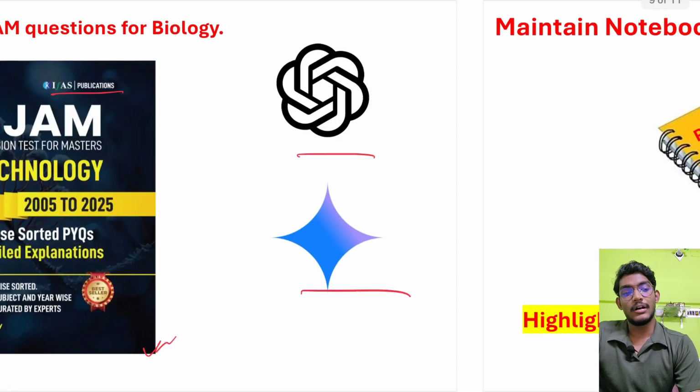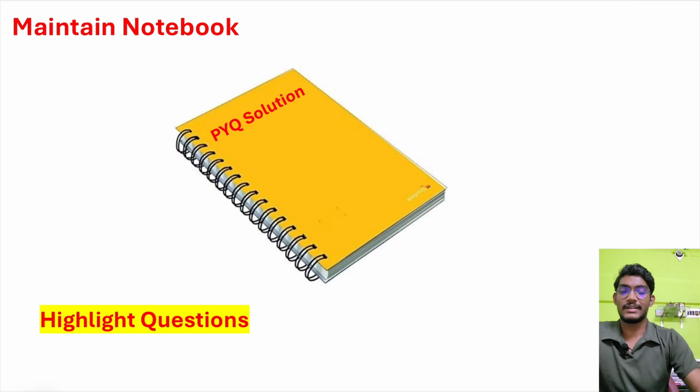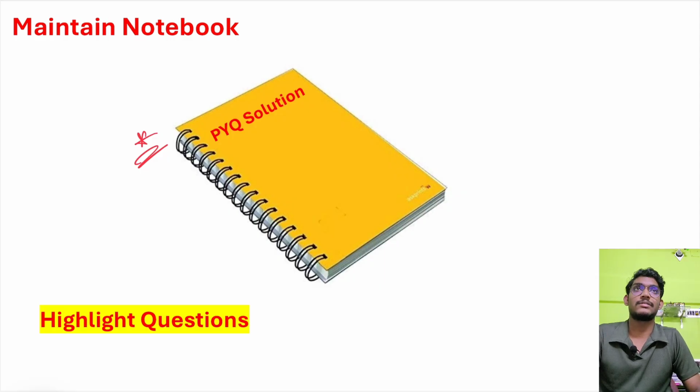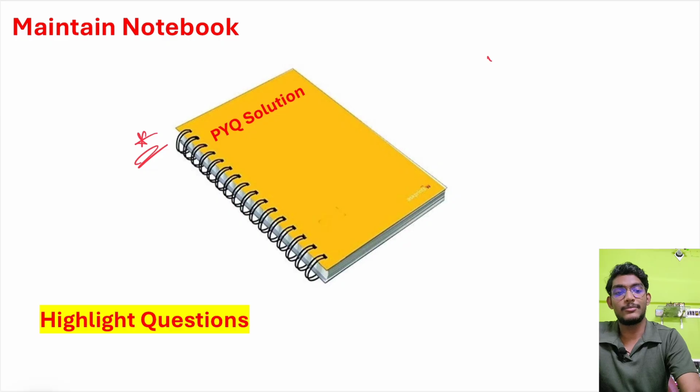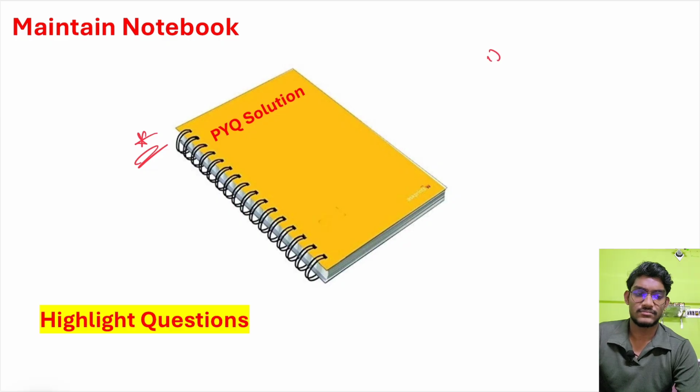Now during practicing questions, try to maintain a good notebook for PYQ solutions. Suppose you are practicing previous year questions of biochemistry, and you are solving questions on amino acids. You have to maintain the proper question number, and the proper answer should be written in your notebook.